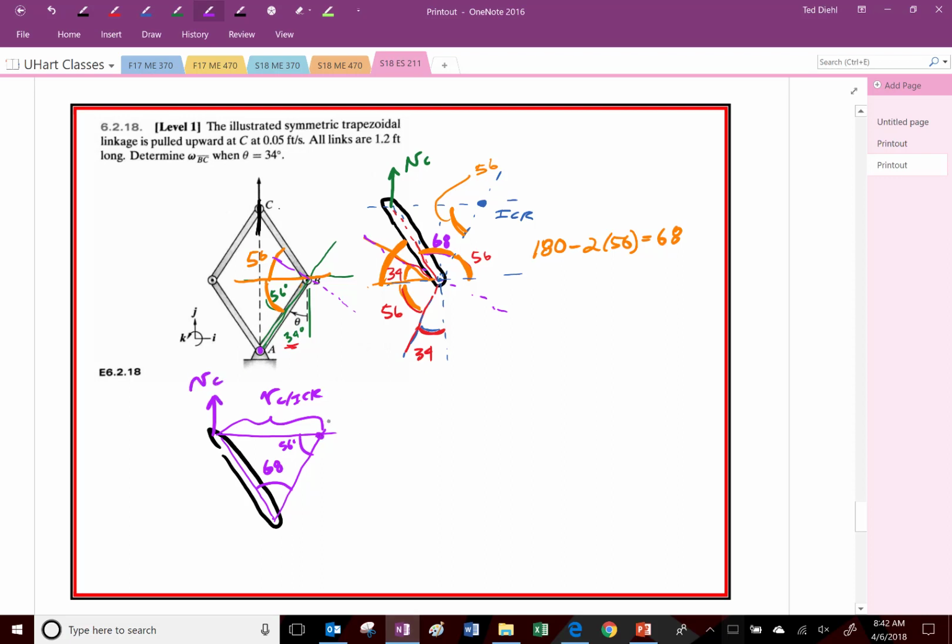So if I take the law of sines, RC with respect to ICR divided by the sine of 68 degrees is going to be equal to, no, that's not true. Let's see. It's going to be equal to this length right here, which I'm given as 1.2 feet, divided by the sine of the angle opposite to it, sine of 56.